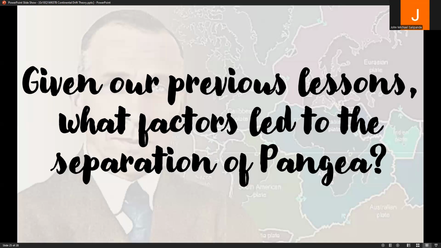This is one of the reasons why the continental drift theory is not yet a law, because Alfred Wegener failed to establish the rationale behind the separation of Pangaea. And the previous lessons probably tell us why.